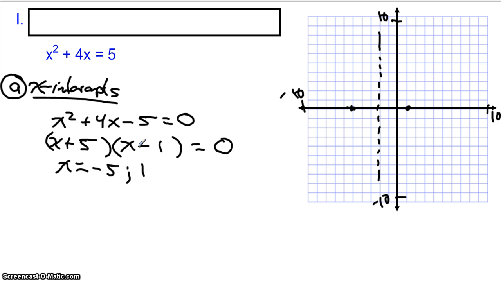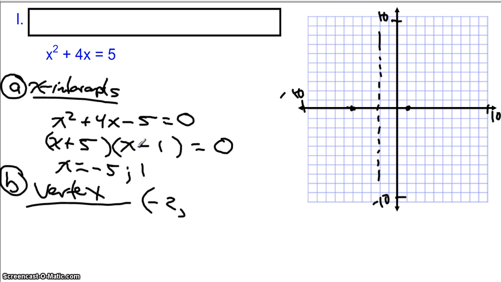And that's totally awesome. If you're graphing and you can find your axis that way, then you can now use that to locate your vertex. The vertex will have an x value of negative 2, see? It's on the axis. It always is. And if you don't believe me, then use your formula. X equals negative b over 2a.